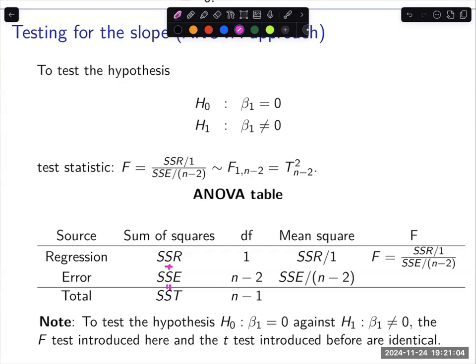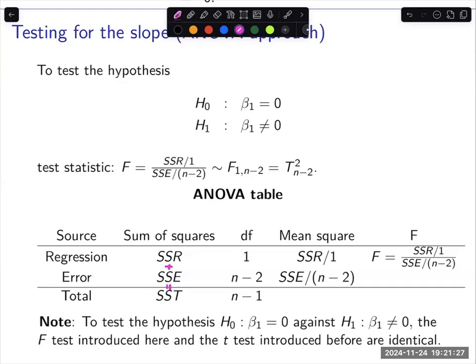We can also show that if the data follow the normal distribution, SSR is going to follow a chi-square distribution with degree of freedom 1, and SSE is going to follow a chi-square distribution with degree of freedom n minus 2.